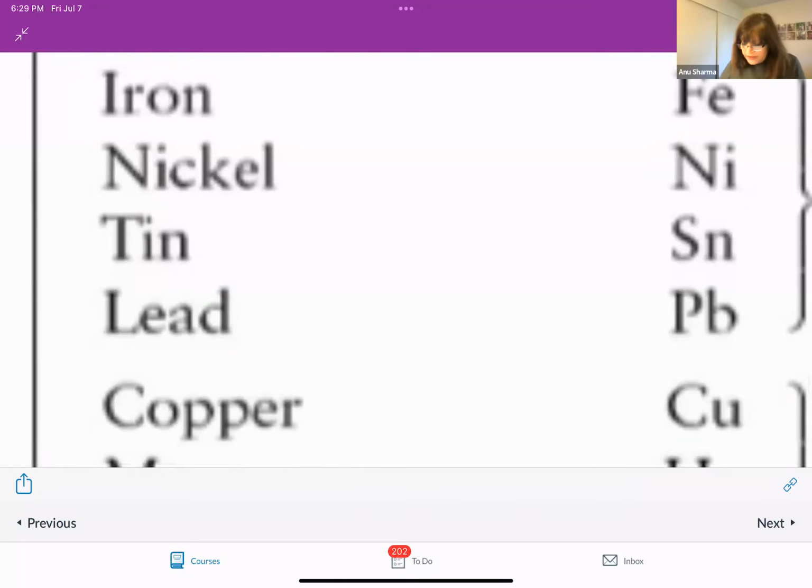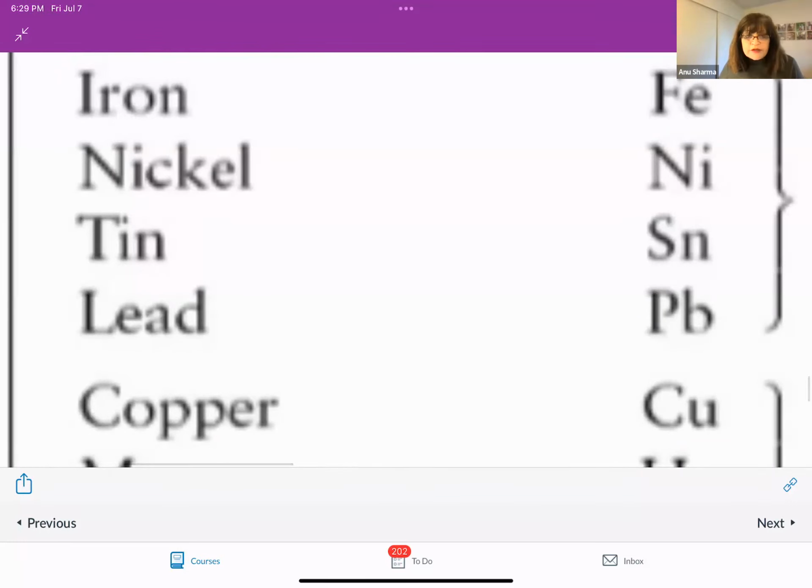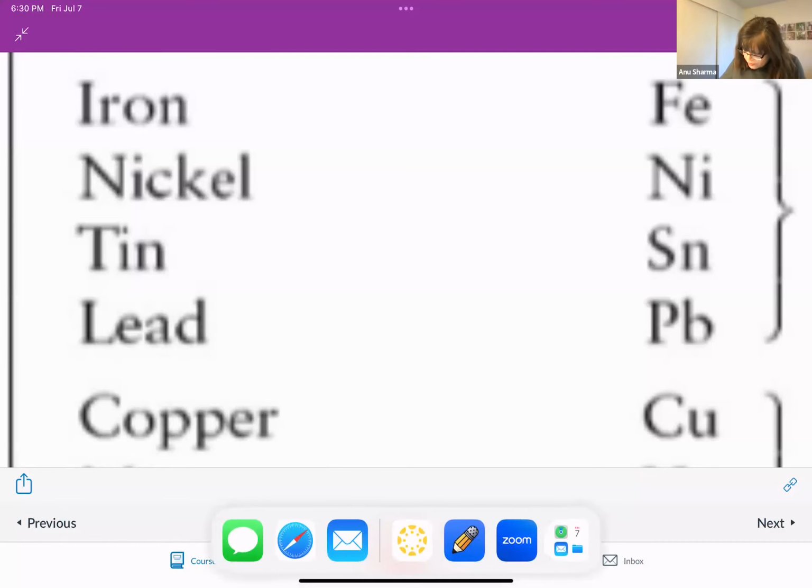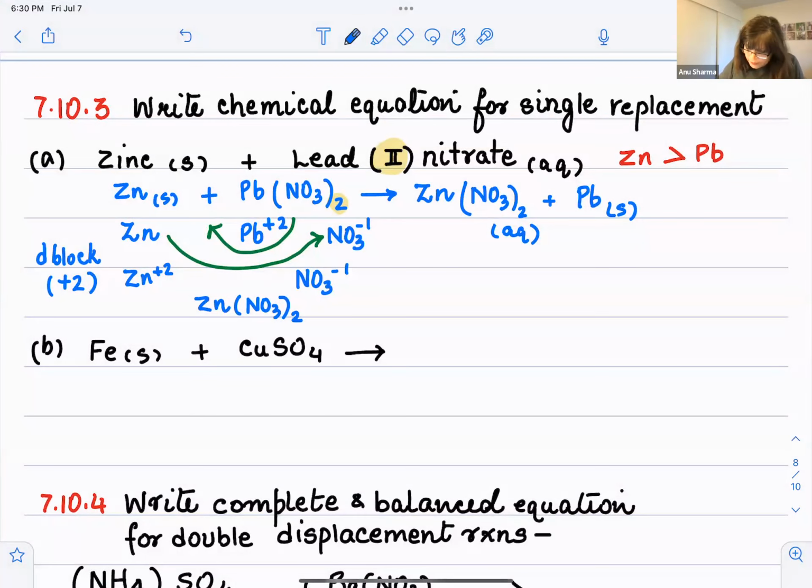So when iron is above copper, what happens? Iron will break the bond of copper in its bonded state, but copper will not break the bonds of iron, nickel, tin, lead. But nickel, tin, lead will break the bonds of copper. So here we have iron with copper sulfate.